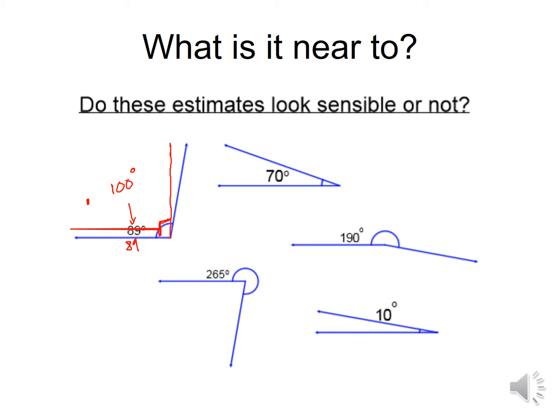So I would say 89 wasn't a sensible guess for that one. Right, let's have a look at this one now. Again, we know 90 degrees, and we can see we've got 70 here, apparently. I would say this wasn't a sensible guess, because 70 is not far off from 90, so I'd expect it to look a lot more like 90. Whereas with this one, you can see if we put another one of them in, it'd only be to about here.